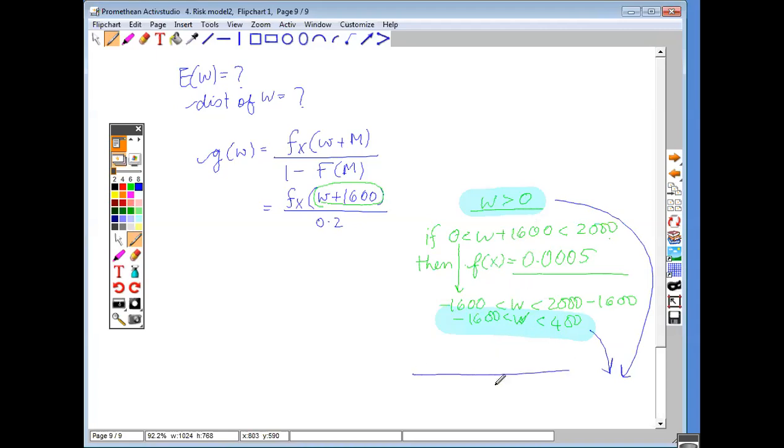Let us say this is my number line and this is my 0, and this is where my 1600 lies, and let's say this is where my 400 lies. So this one says that my W should lie from here till here. But this one says that my W should lie only from here till here. So what is my intersection? It is this area, right? So what do I get? That my W should always be greater than 0 and less than 400.